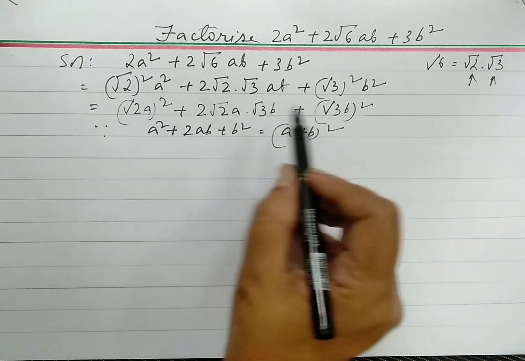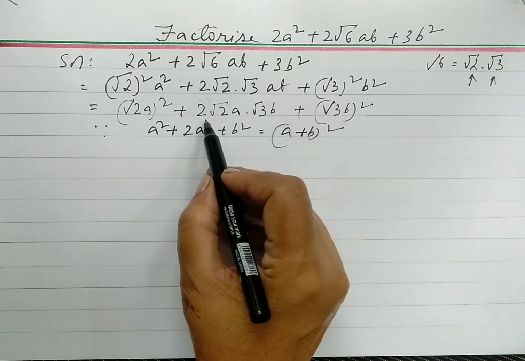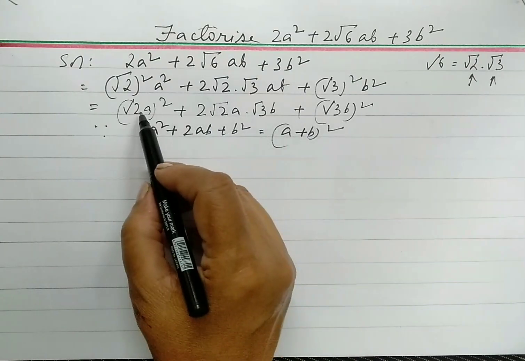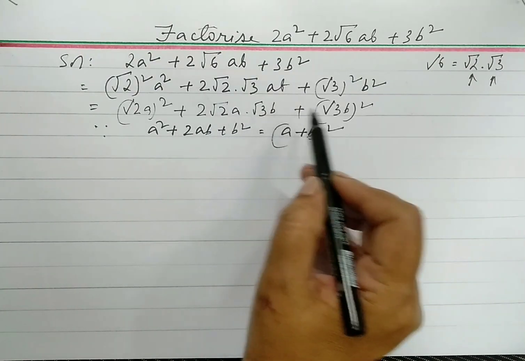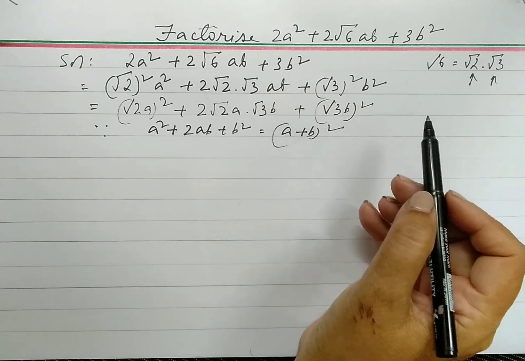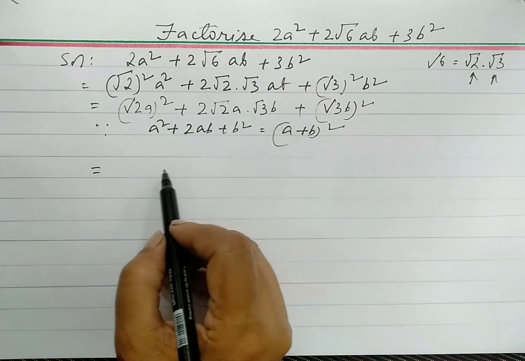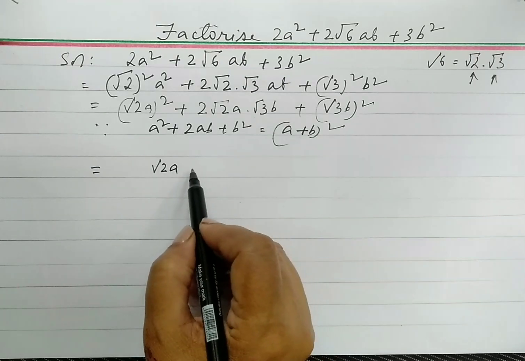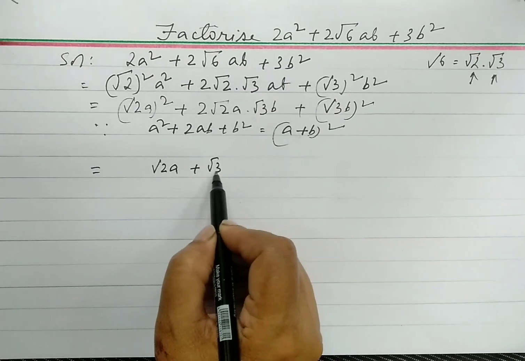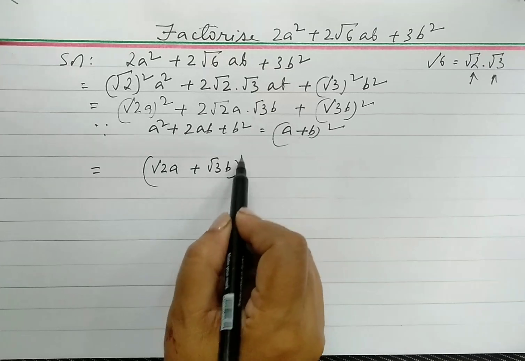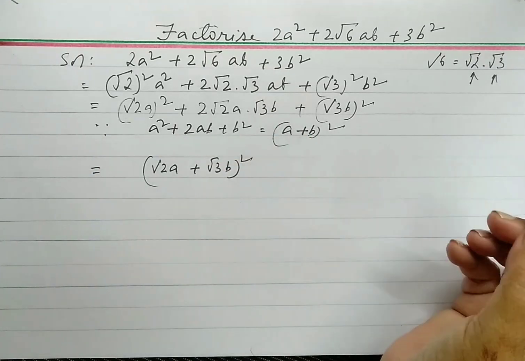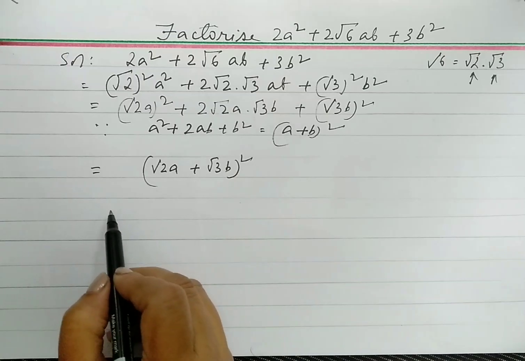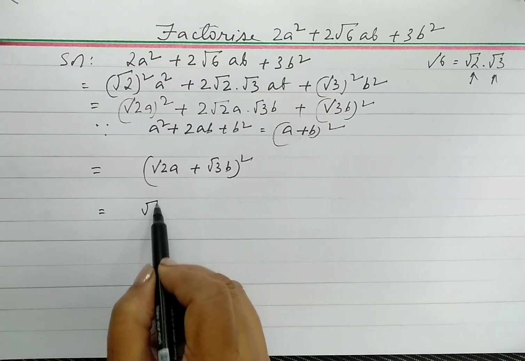So we have a square here, we have a square here, we have a 2ab. This entire thing is my a and this is my b, which is here. So can we not write (√2a + √3b)² for this entire thing? We can, isn't it? Which means we found our answer.